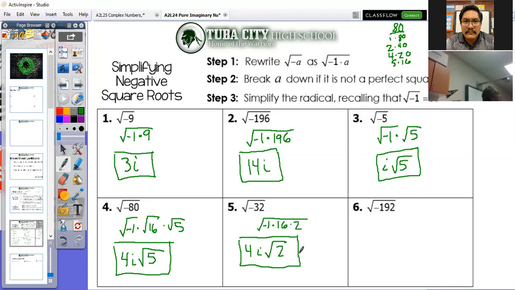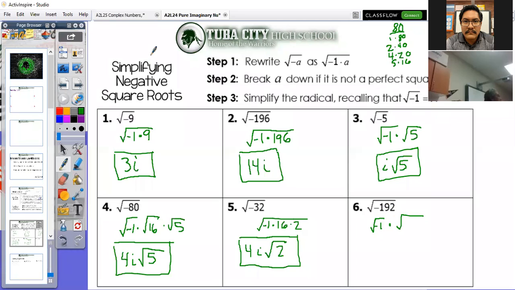Okay. And again, here I have two different ways of doing it, and you can pick whichever way makes more sense to you. All right, let's move on to number 6. Definitely -1. And I need two numbers that can multiply to, in this case since we took out the negative, just 192.